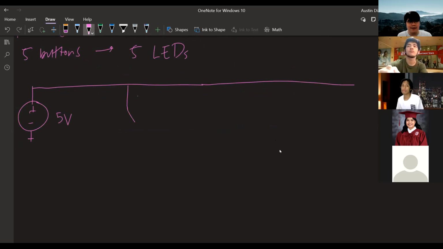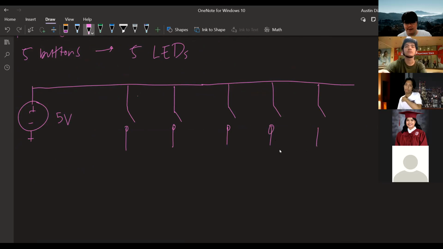Kabitan ko siya. 1, 2, 3, 4, and 5. Okay. And then this, this, this. Okay. And then I could make a diode here. I could connect a diode here.